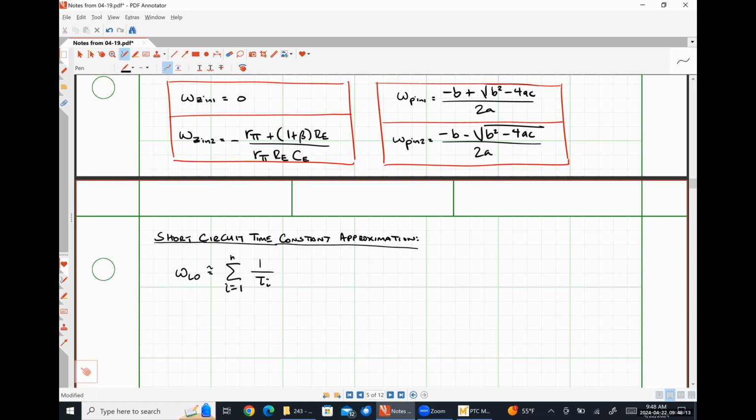Where, so this would be like 1 over R1 times C1, where C2 through Cn are assumed to be short circuits.